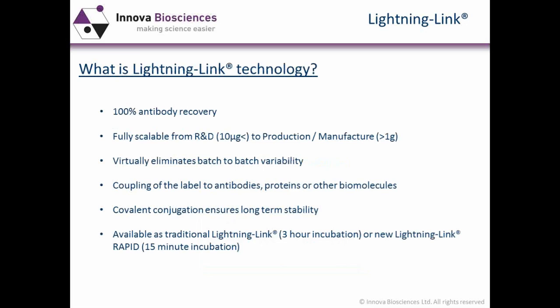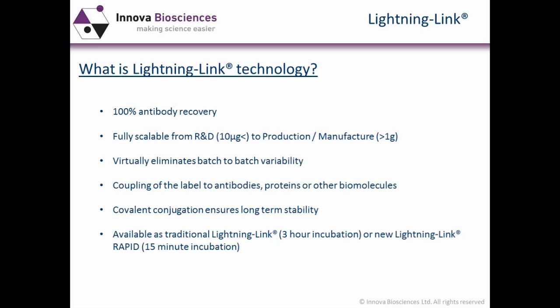Because of the lack of spin columns, etc., you have 100% antibody recovery, so you can use your very small samples and know you still have plenty of antibody for the test that you need to do. You can actually scale your reaction from the very small scale, 10 micrograms, up to much larger scales, and we offer kits for up to 1 to 5 milligrams, and we can go much higher than that if people have those sorts of requirements.